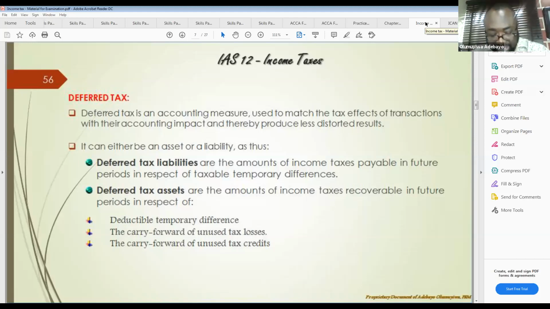Deferred tax is an accounting measure, as I've said earlier, but is a measure that tends to reflect and capture future tax consequences of current period activities or transactions. What it simply implies is this.